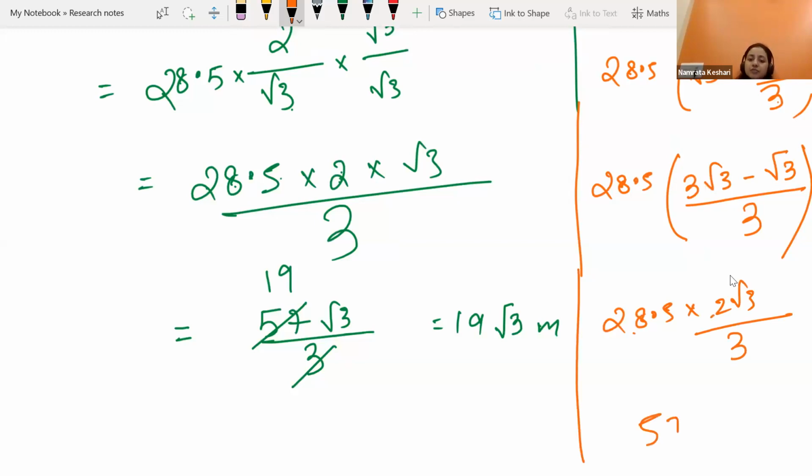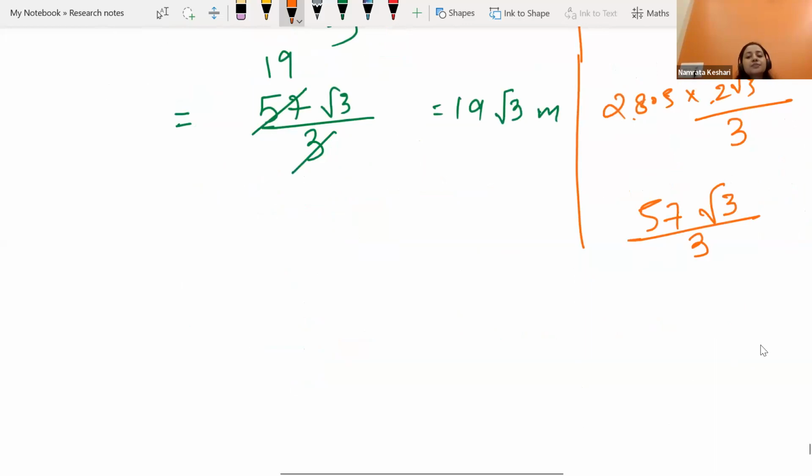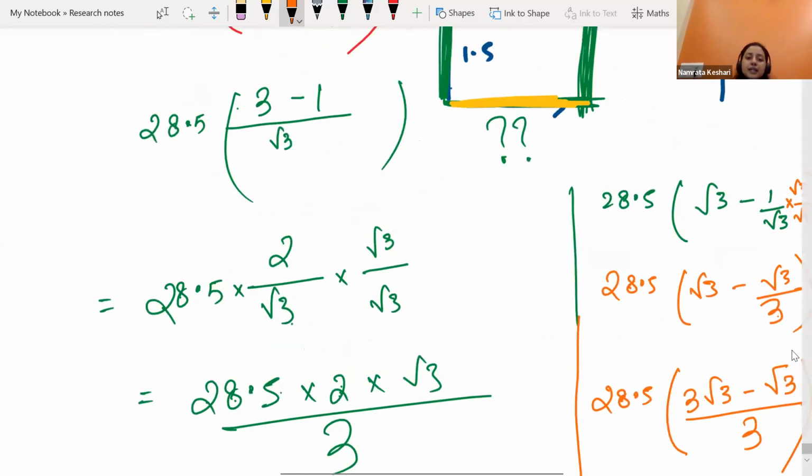Your answer will be 57 root 3, and in the denominator just 3 is there, which will cancel out this 57, and now we realize that the answer will be this. Are you getting it? The simplification part? Yes, ma'am. Everyone getting it?